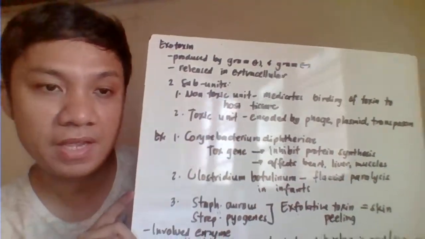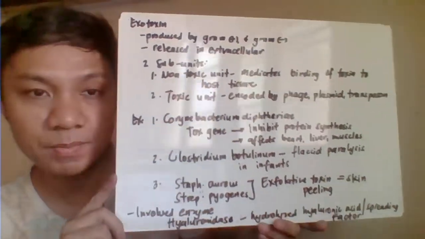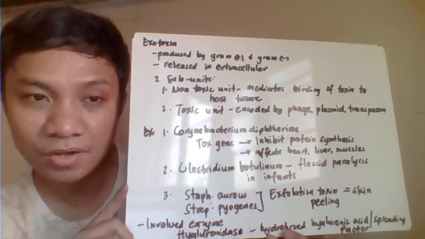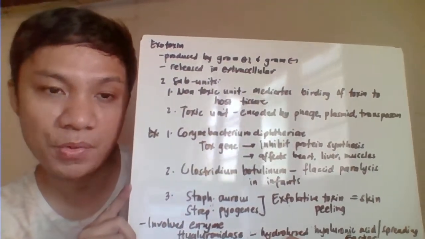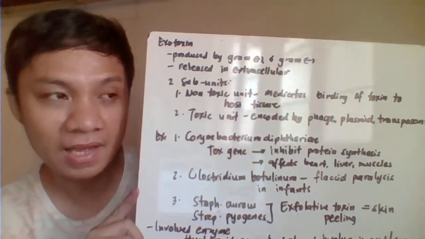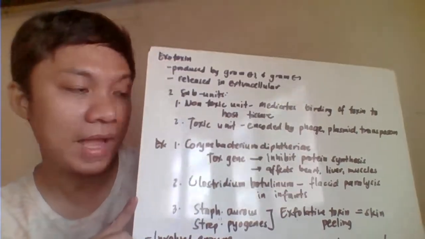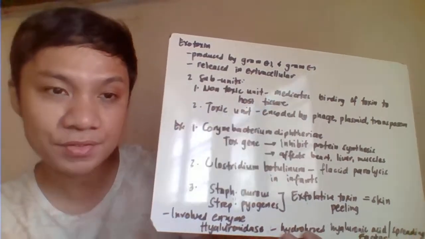Okay, then we have the difference between your exotoxin versus your endotoxin. Exotoxin is primarily produced by both gram-positive and gram-negative organisms. This is a toxin that is released extracellularly, hence exotoxin.